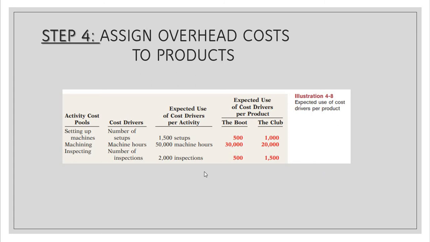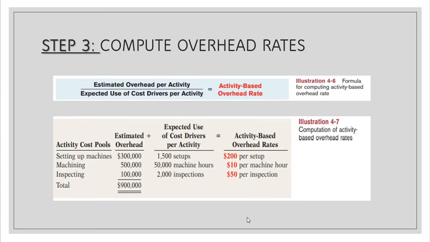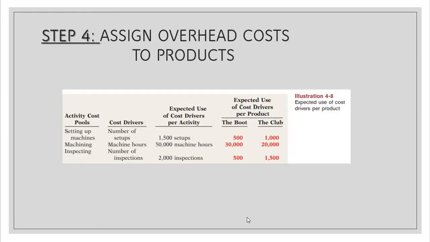Okay, so the illustration shows here, makikita nyo dyan, the expected use of cost driver per product for each of Atlas product. Okay, so to assign overhead cost to each product, Atlas multiplies the activity-based overhead rate na nakuha natin doon sa illustration 4.7 by the number of the cost drivers expected to be used per product. Ito naman.